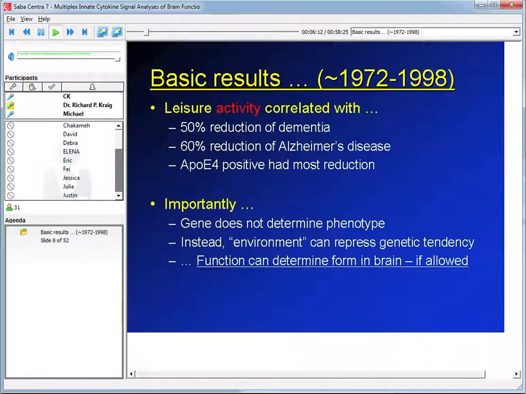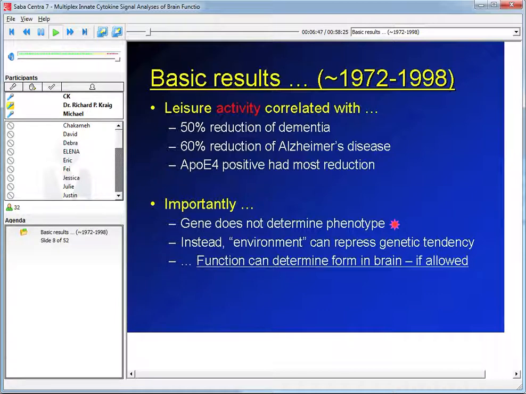So the point I want to make is the following. This leisurely activity found a 50% reduction in dementia, and a 60% reduction in those prone to suffer Alzheimer's disease who had the ApoE4 positive gene. So the first caveat of the fundamental direction we're headed toward is that the gene is not deterministic.